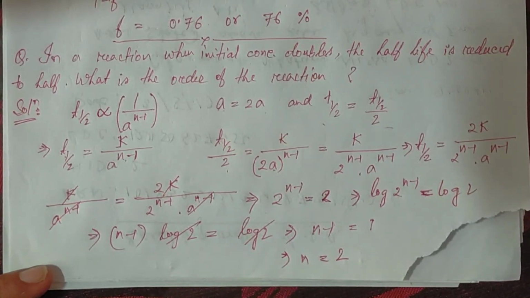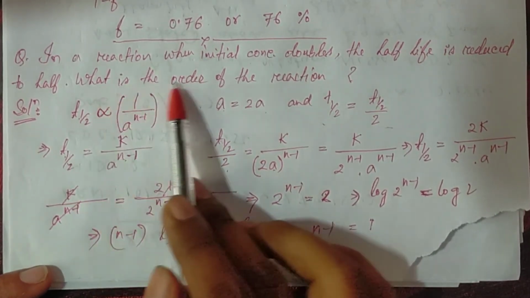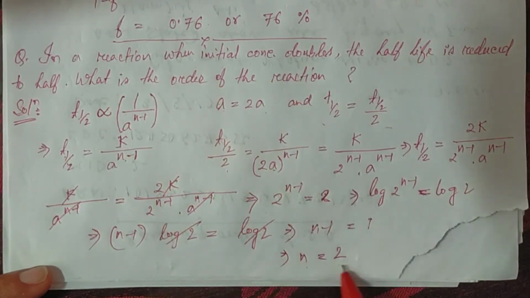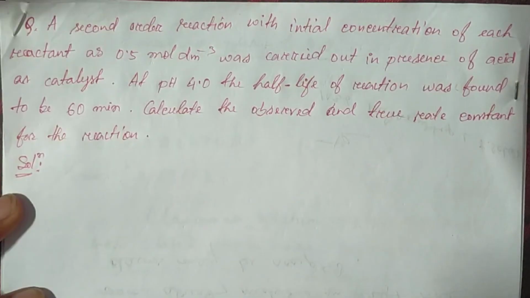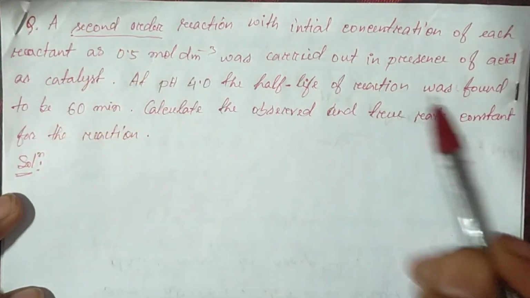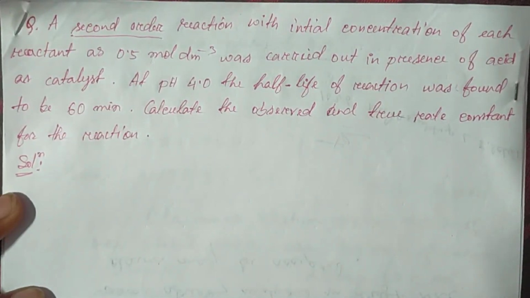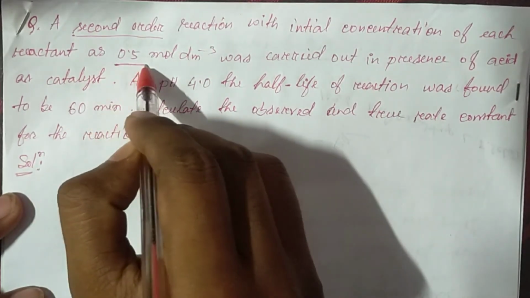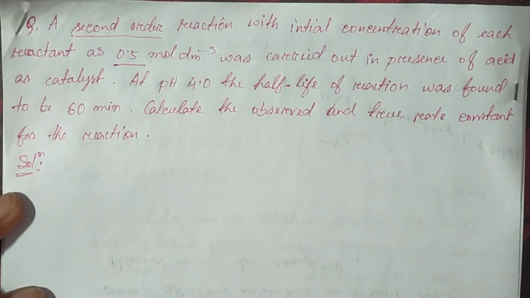So what is the order of the reaction? Order of the reaction is 2. So this question is a second order reaction. It is given that a second order reaction with initial concentration of its reactant as 0.5 mole dm-cube inverse.